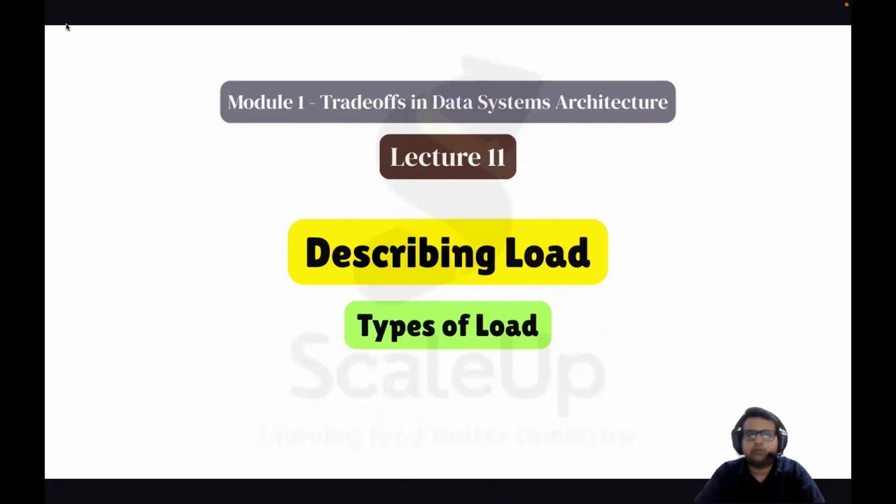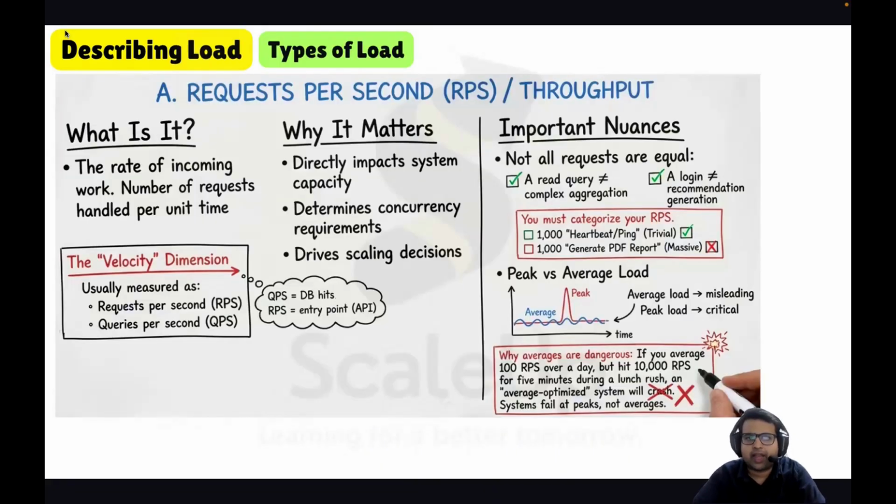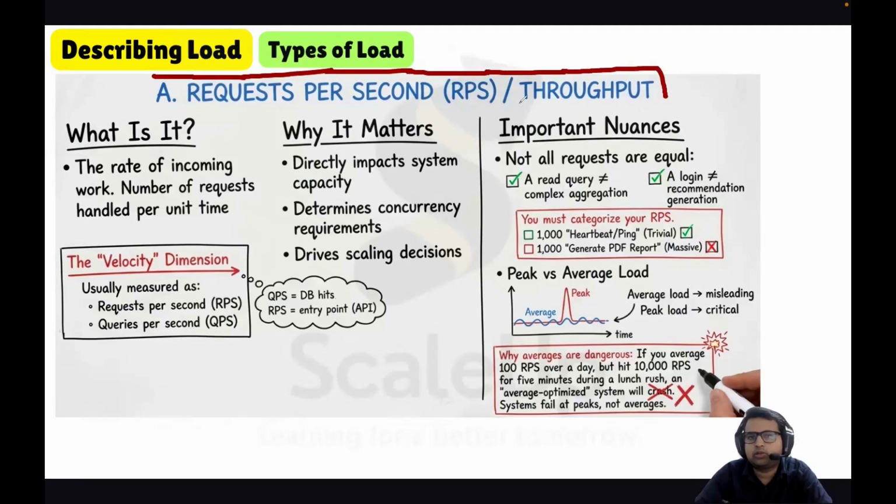Now we will discuss types of load. We break the load into measurable dimensions, so we have different types of load. The first type of load is requests per second, also called throughput.